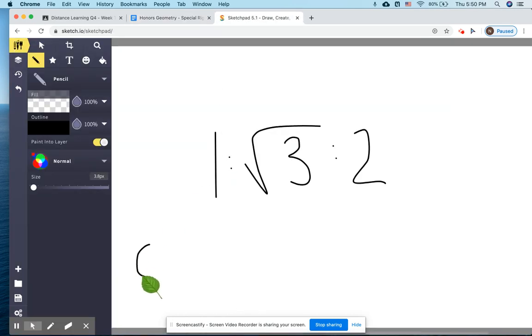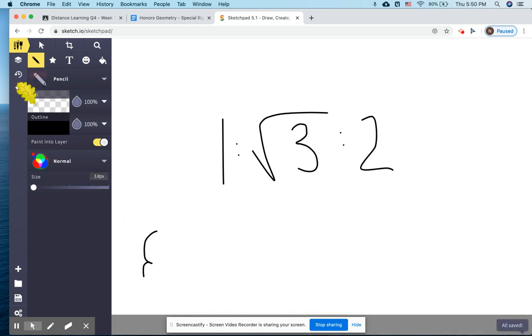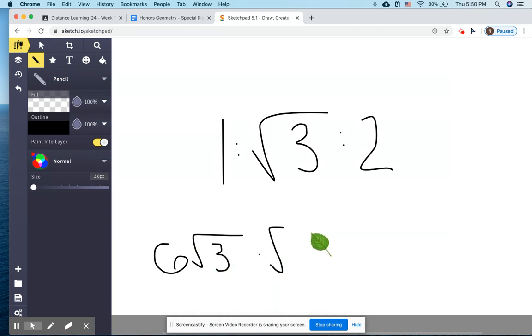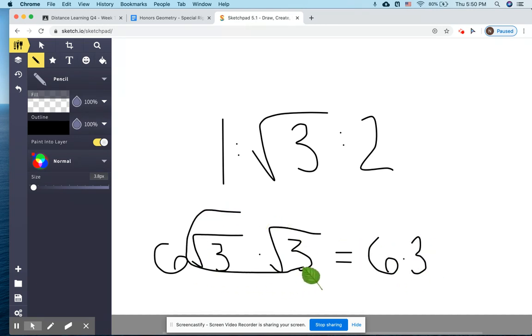If I take 6 root 3 and I multiply by root 3, that gives me 6 multiplied by 3, because root 3 multiplied by root 3 is just 3. So that's 18.